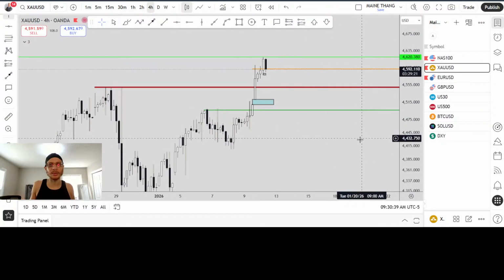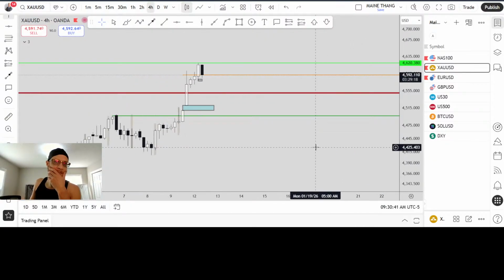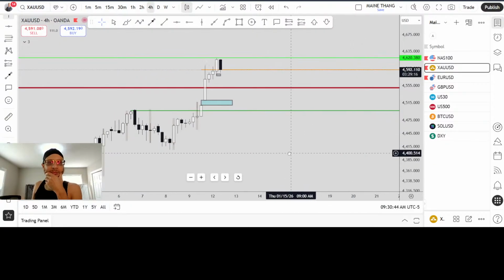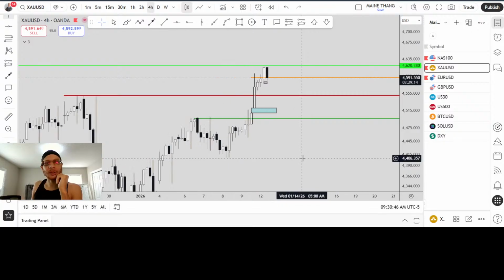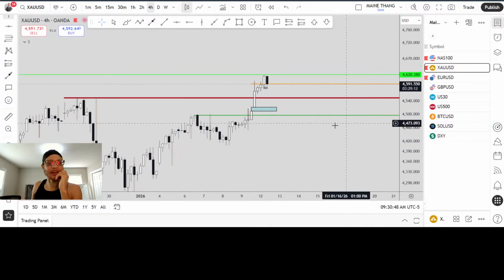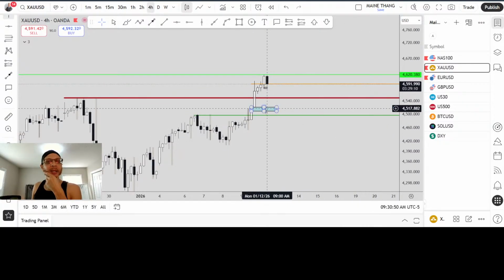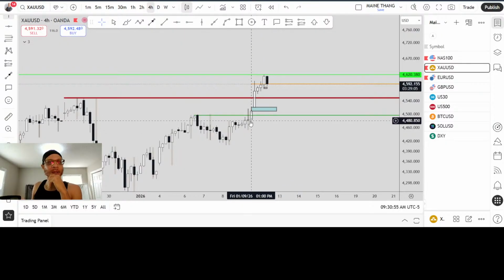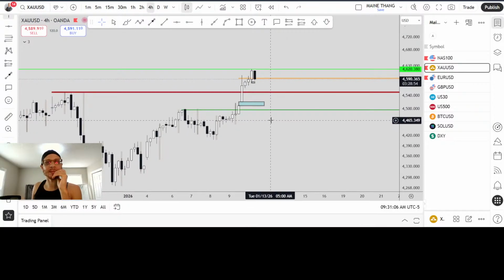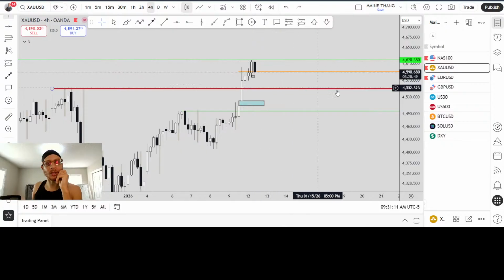So we gonna wait. I actually would like to see price come back down here in this area. That way, the indication on the daily, we got that correction. The indication on the 4 hour, we get that correction, versus being at the top here waiting on a correction for a small gain.